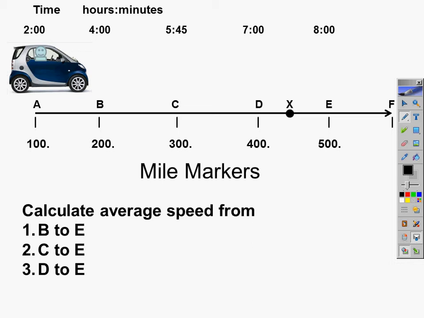I forgot what to do when you get the speed. Well, in physics we don't put a bar over it because we want to indicate precision. Everything's a measurement, so you want to round to the correct number of sig figs. Here it's kind of hard. I mean, the mile markers have 3 sig figs, but the times are to the nearest minute.